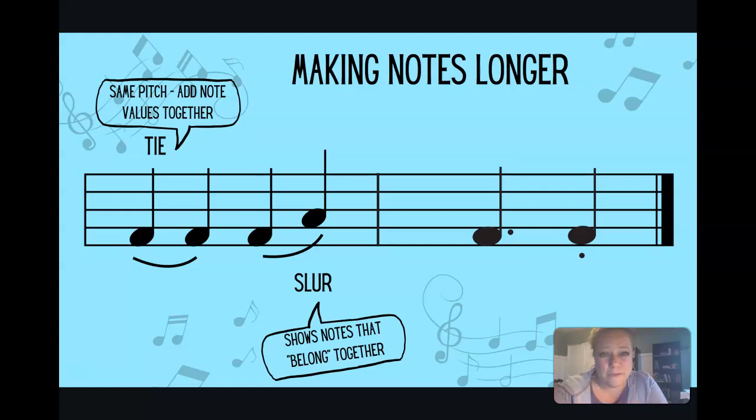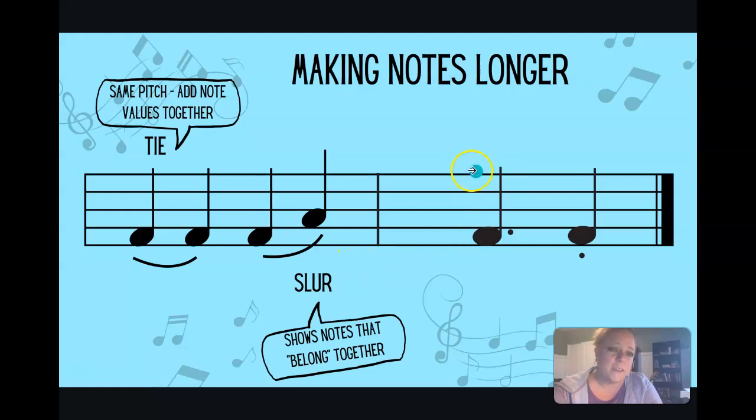This happens all of the time in choral music, and so we need to be aware of it. It also means in orchestral music that you're going to bow those two notes with the same bowing. And if you're playing a band instrument, it means you're going to tongue those two notes. So they belong together. You have to play them like they belong together. So the tie makes the note longer, but this slur says how we're going to play it.